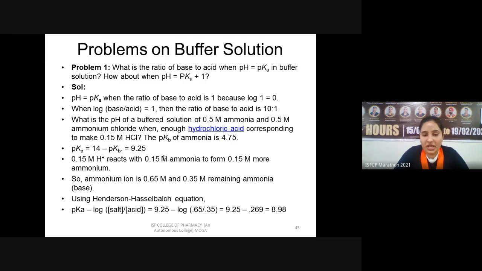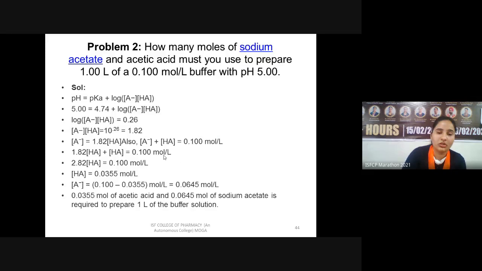We will use the Henderson-Hasselbalch equation on that. We know the value of pKa which we calculated above, that is 9.25, and we know the concentration of ammonium ion and ammonia. We will apply this equation and hence be able to calculate the value of pH.